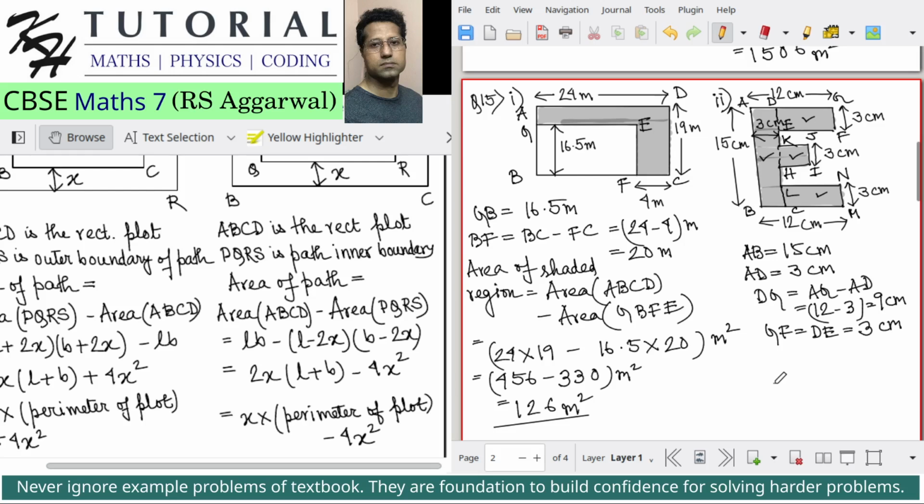I will quickly check whether I am missing any information in the figure.